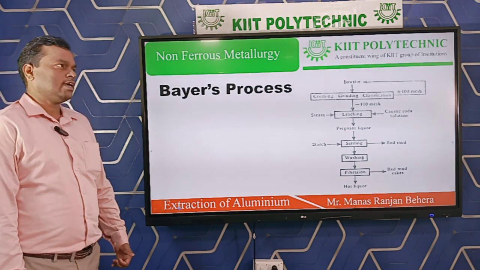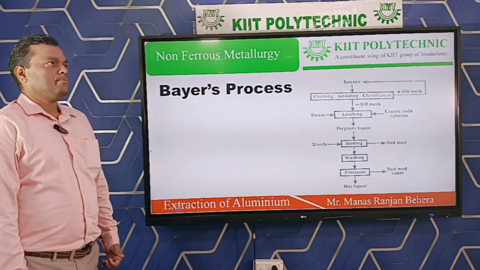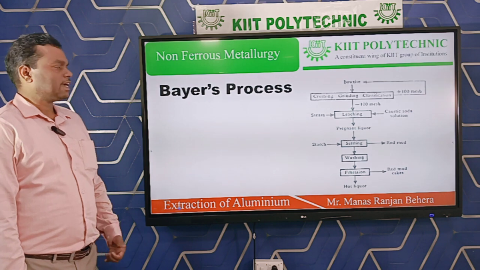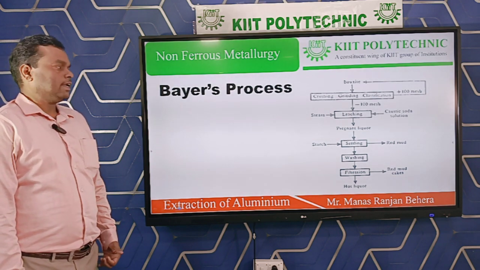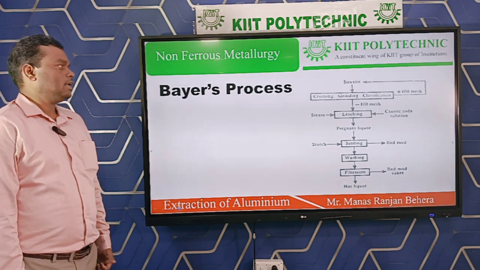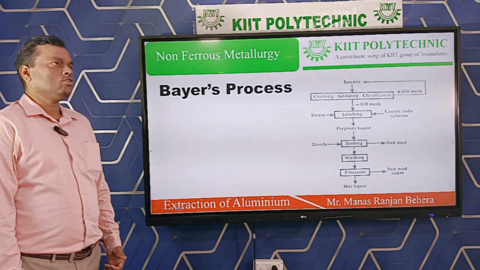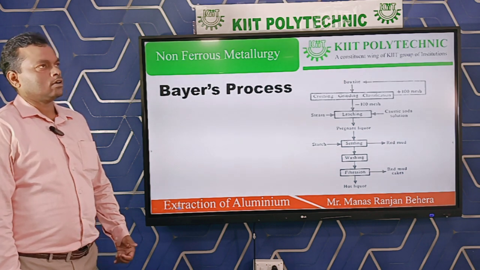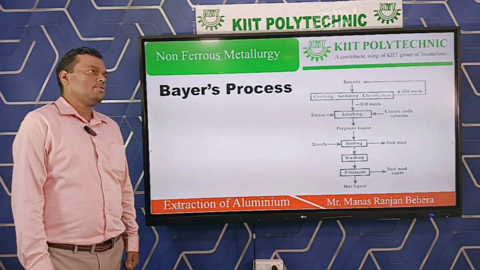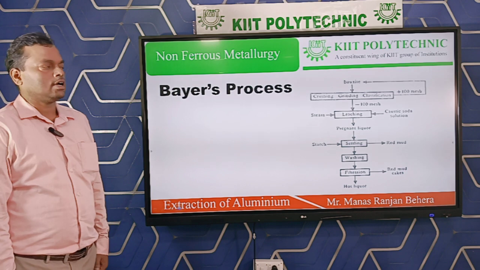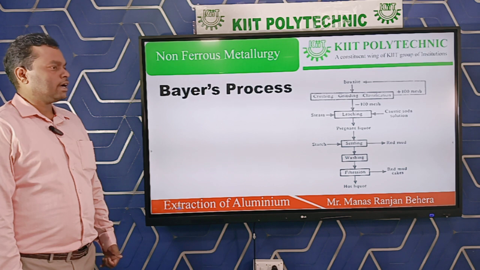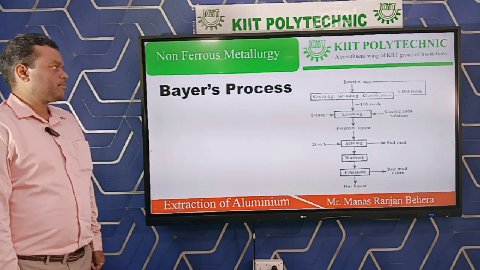By purifying bauxite ore, we will get pure alumina from which we can get aluminium. Then the second step is electrolytic reduction of alumina, which is also known as the Hall-Héroult process. In this process, we have to reduce the pure alumina to get the aluminium. And the final step is refining of aluminium. Refining of aluminium is done by a process known as the Hoopes process. By using these three steps, we can extract aluminium.